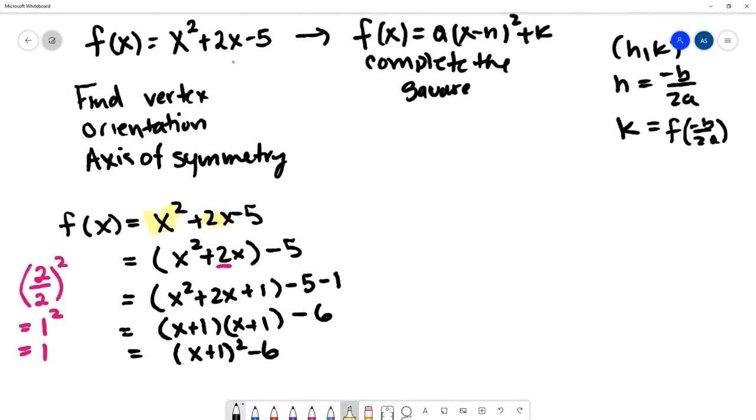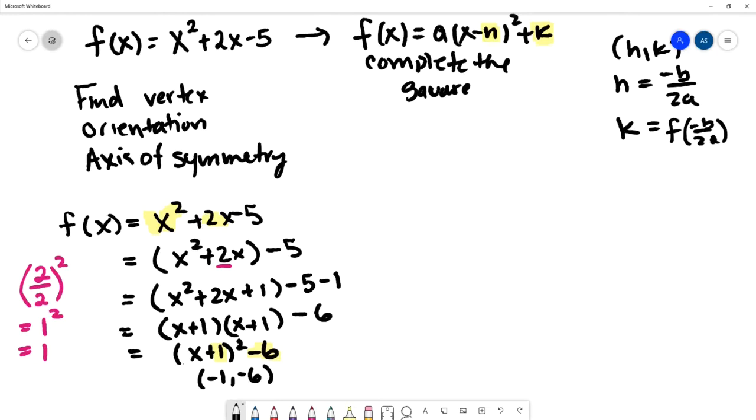So now that this is in the vertex form, or the standard form as it's sometimes called, I can identify the vertex as negative 1, negative 6. So I have the vertex that way.